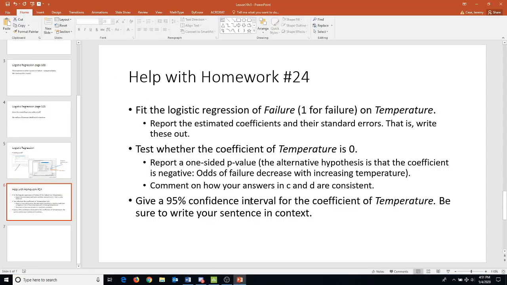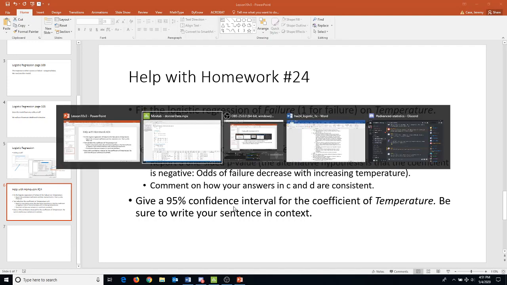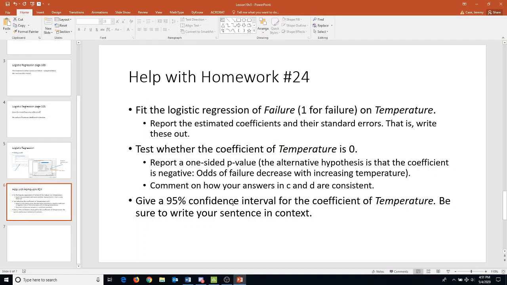And then I could do a confidence interval for this, and I should probably do this one-sided. Where should I write this? Maybe I'll just write it here.